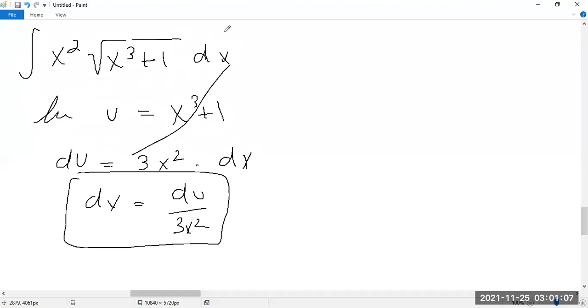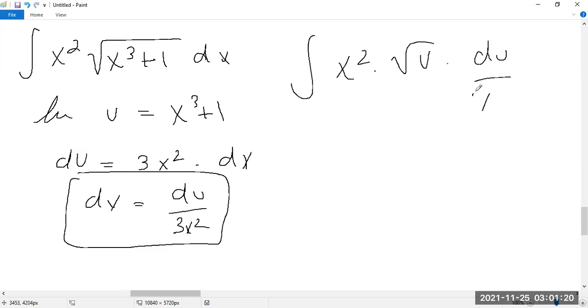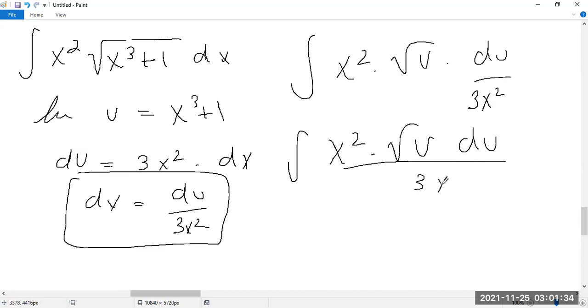Now I can substitute for dx, and for this as well. So this is x squared times the square root of u times du over 3x squared.